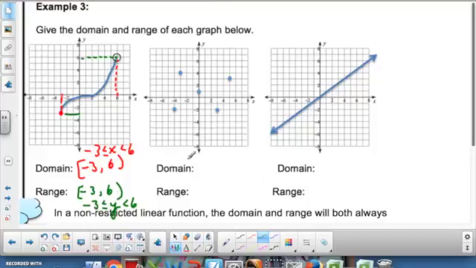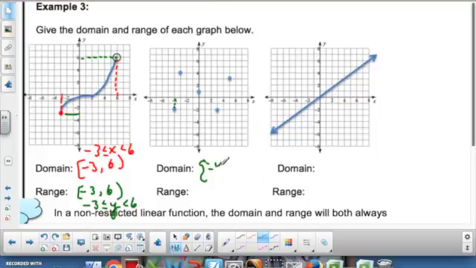For this one, I'm going to look at my domain first. Because this is a discrete function, meaning there are gaps here, it's not a nice pretty line with no breaks in it, I can't draw those. I'm just going to list my x values. So I start all the way over to the left, and I see I've got a -4.